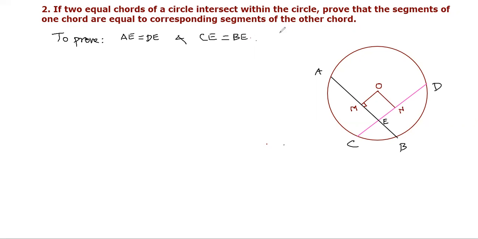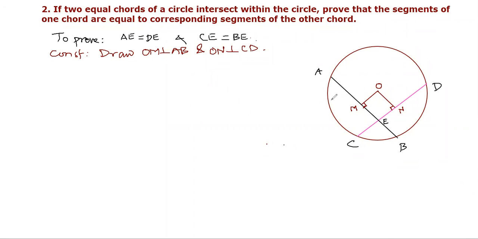Okay, so we can write here construction: draw OM perpendicular on AB and ON perpendicular on CD.